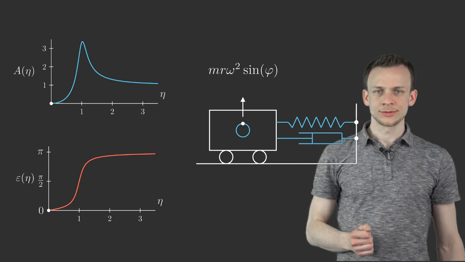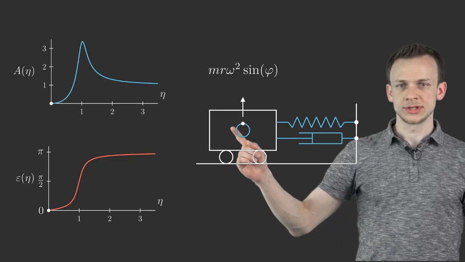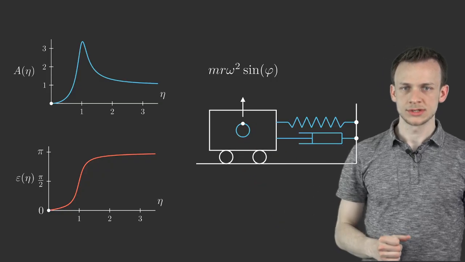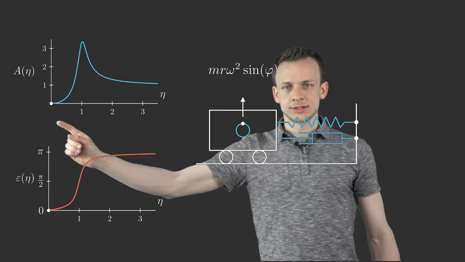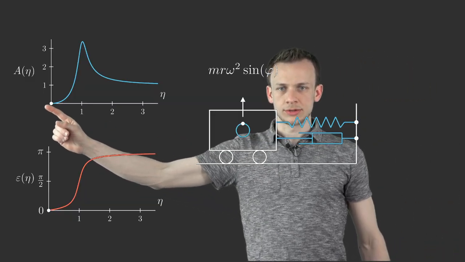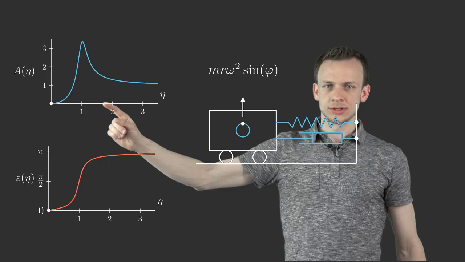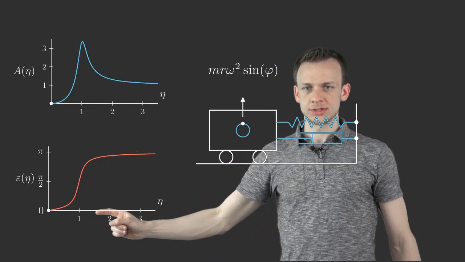In this animation, we will study what happens if we slowly increase the rotational speed, so the angular frequency. So we will move in this plot from the left to the right by increasing the excitation frequency, and the same for the bottom plot here.